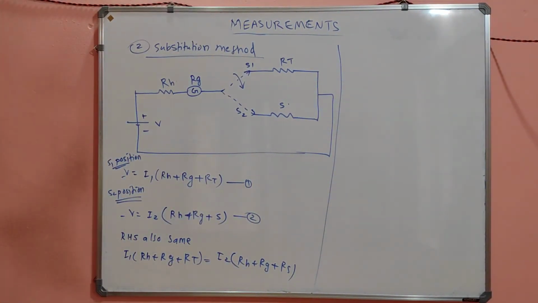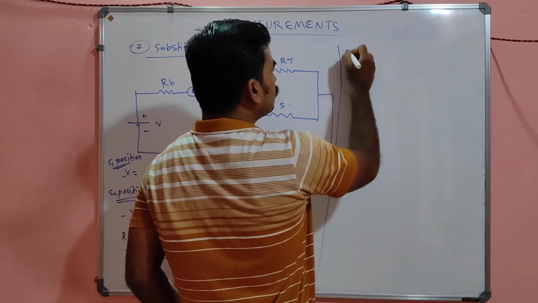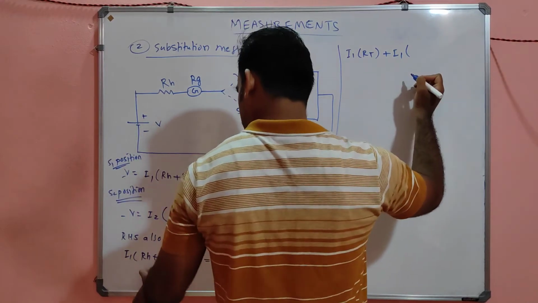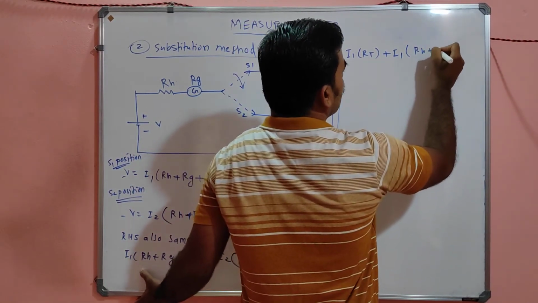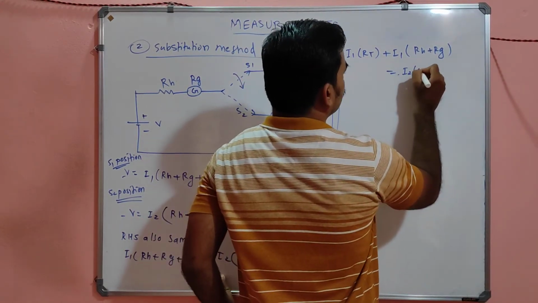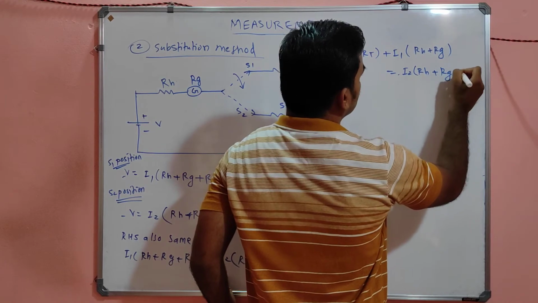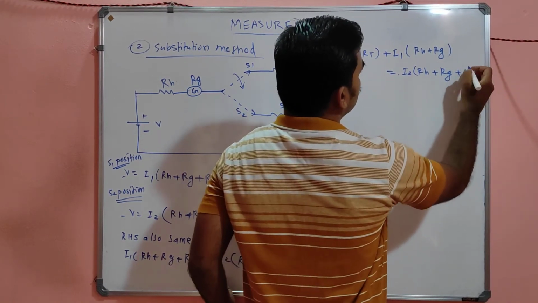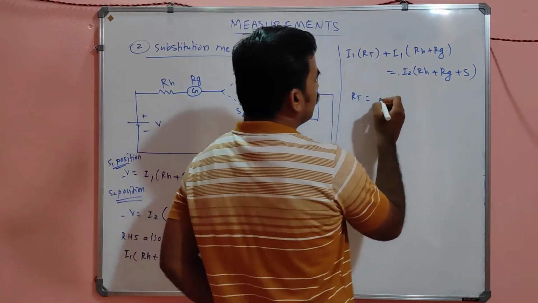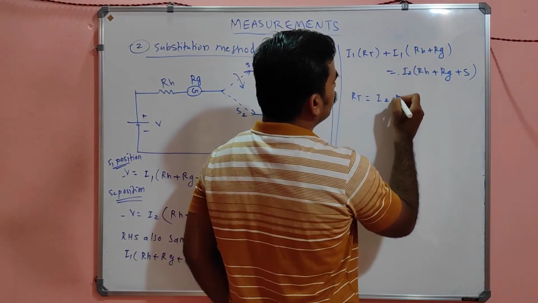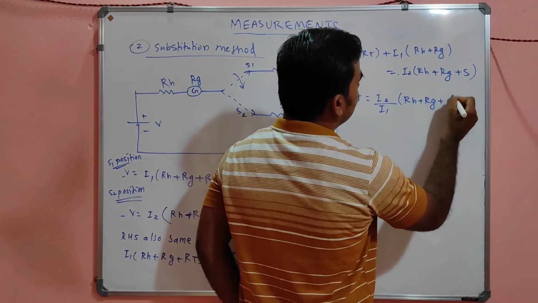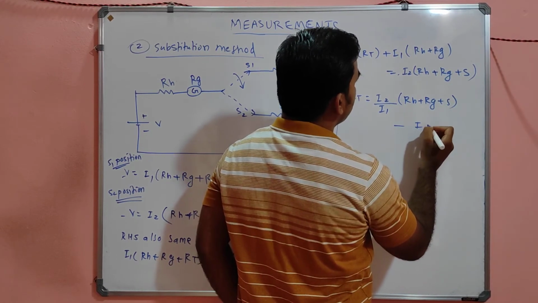From this, I1 into RT plus I1 into RH plus RG equal to I2 into RH plus RG plus S. From this, RT will be equal to what, my dear? I2 by I1 into RH plus RG plus S minus what?